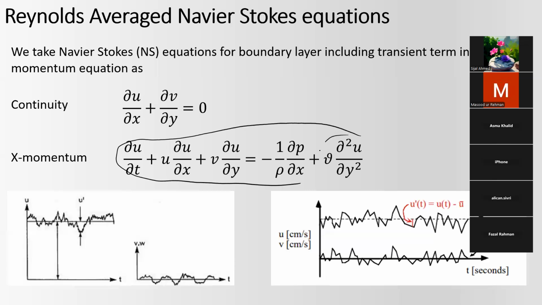This is a steady state equation, and a steady state equation does not contain the transient term, so that is removed. But the remaining terms are exactly the same. The only difference is that the equation now contains one extra term, u bar, v bar with the average, and the values also have the average sign. That's the only difference here.